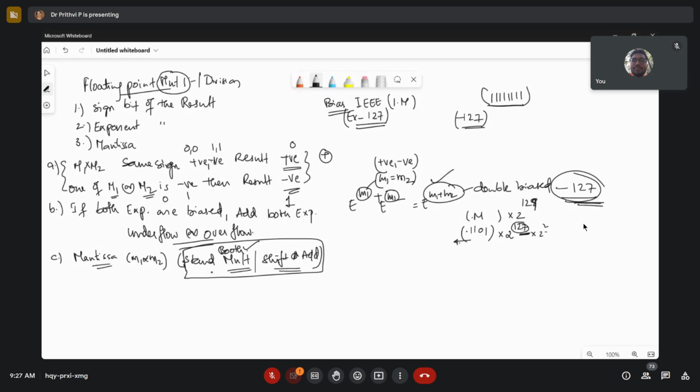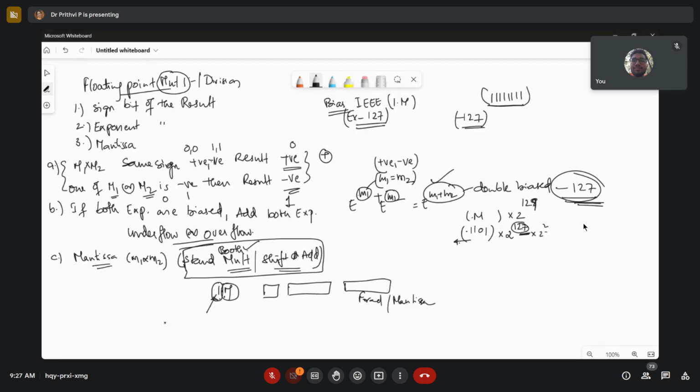When you are doing so, the point to remember in the iteration is that you are representing this in 1.m format. Is this 1 shown in your mantissa or fraction portion? No. In the fraction portion, this one is hidden.